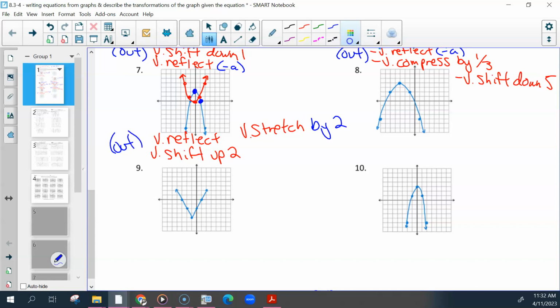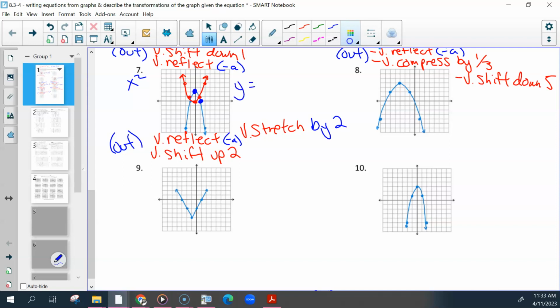These again are all outside things because they're all vertical. I didn't write this, but this was our quadratic, our U shape. So how would we start to write this?